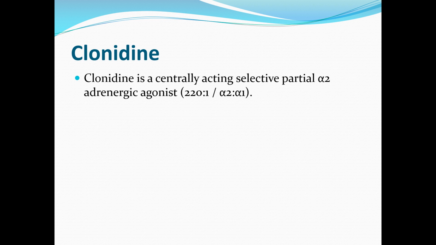It's a central-acting alpha-2 agonist, and 220 to 1, depending on the source you use, for specificity for alpha-2 receptors. It decreases central sympathetic outflow.